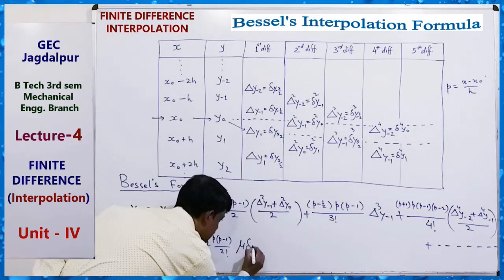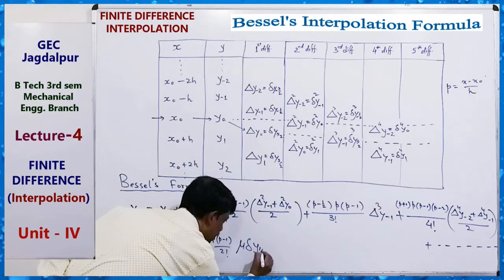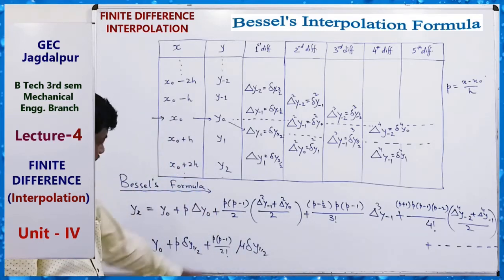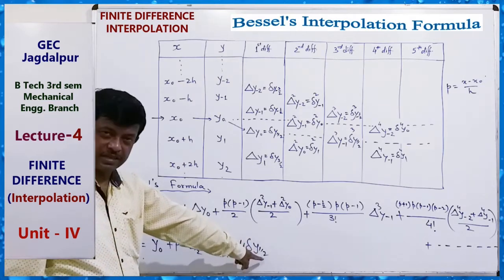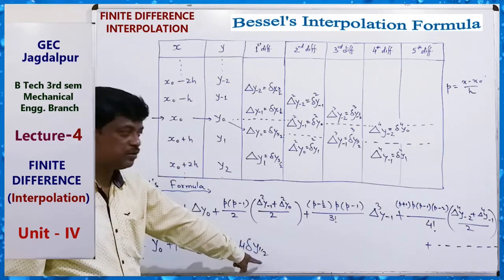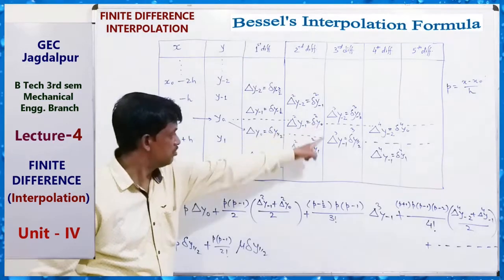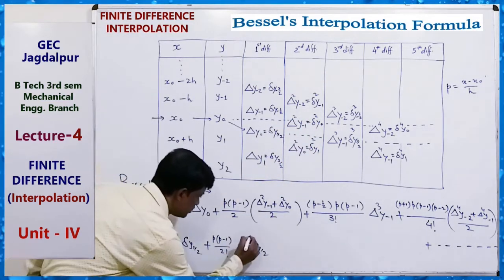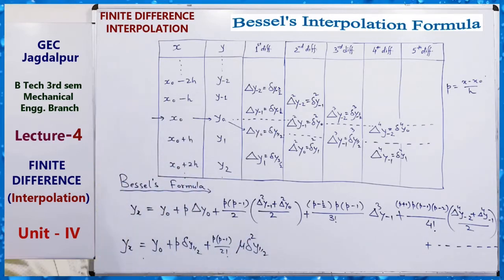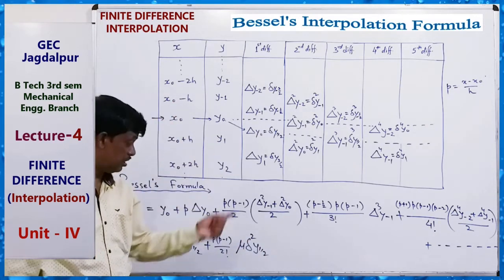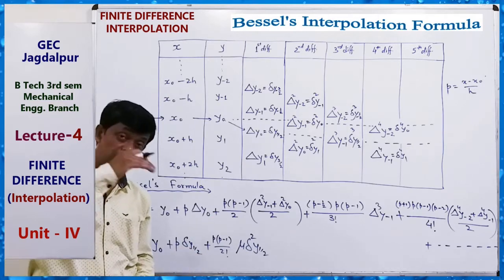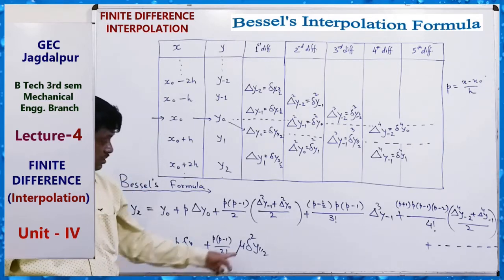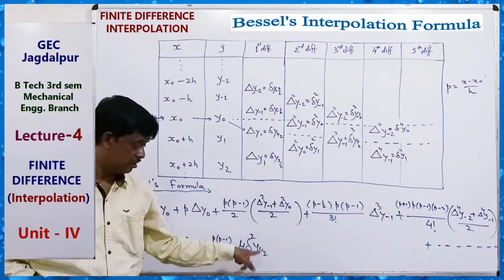Average of central del y half, because half plus half, 1 minus 0, 0 and 1 is here, 0 and 1 is here. So second order difference. In the Stirling formula, average is taken for the odd order difference. In the Bessel's formula, average is taken of even order difference.